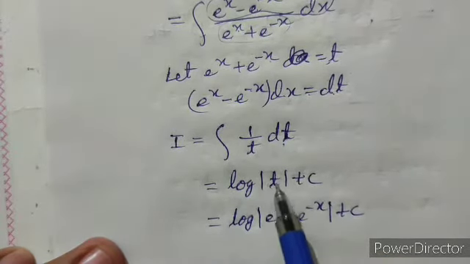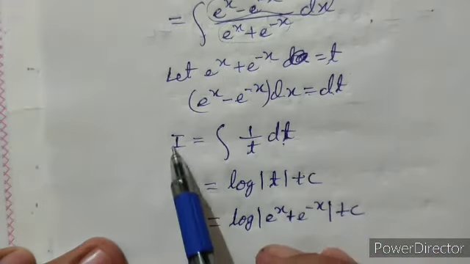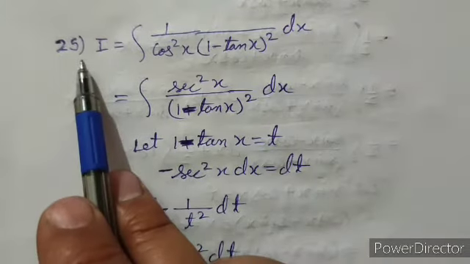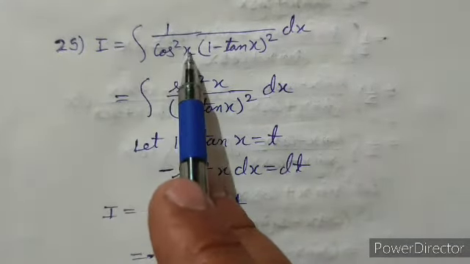Now we can put the value of t, that was e raised to power x plus e raised to power minus x, so I will be equal to log e raised to power x plus e raised to power minus x plus c.